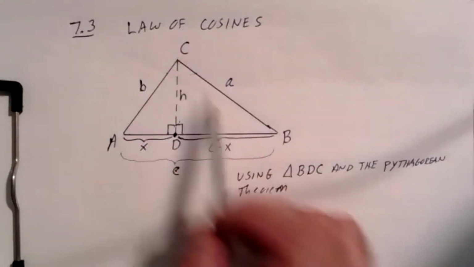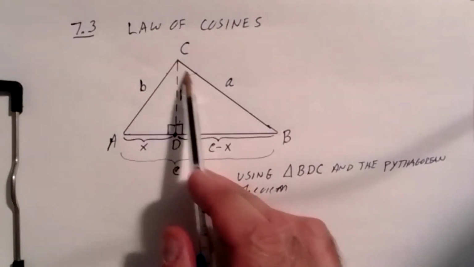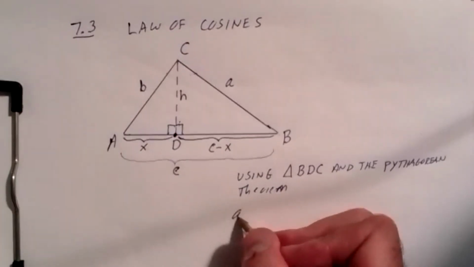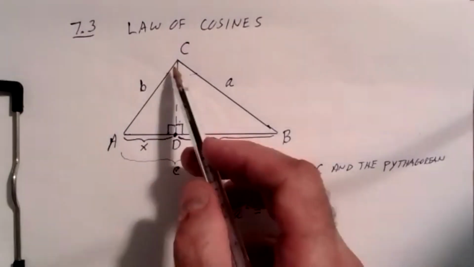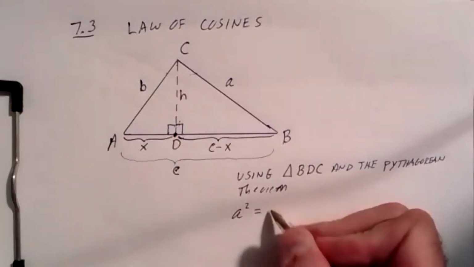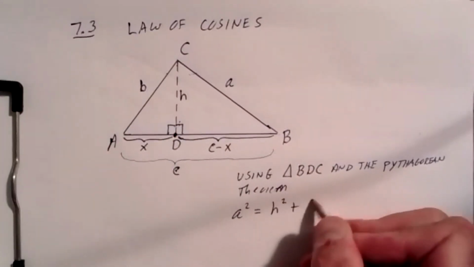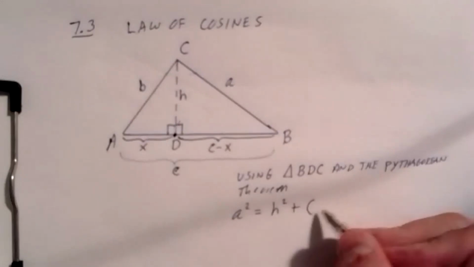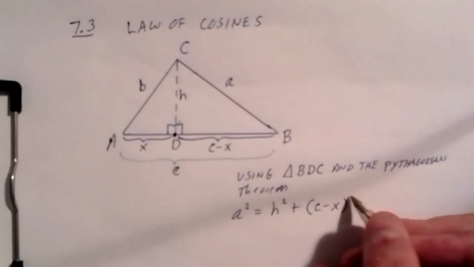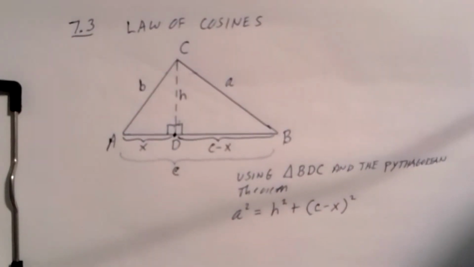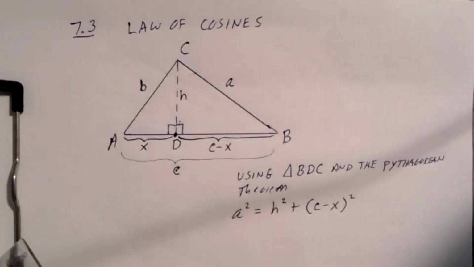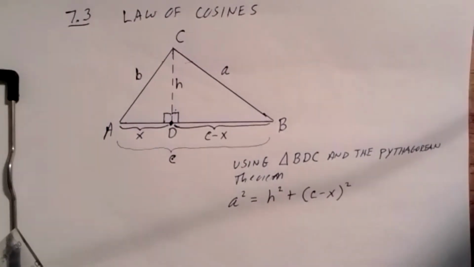Using triangle BDC, do you agree I can take the length of its hypotenuse, which is A squared, and set that equal to the sum of the squares of the legs? That's to say equal to H squared plus C minus X squared. Do we buy that? For triangle BDC.